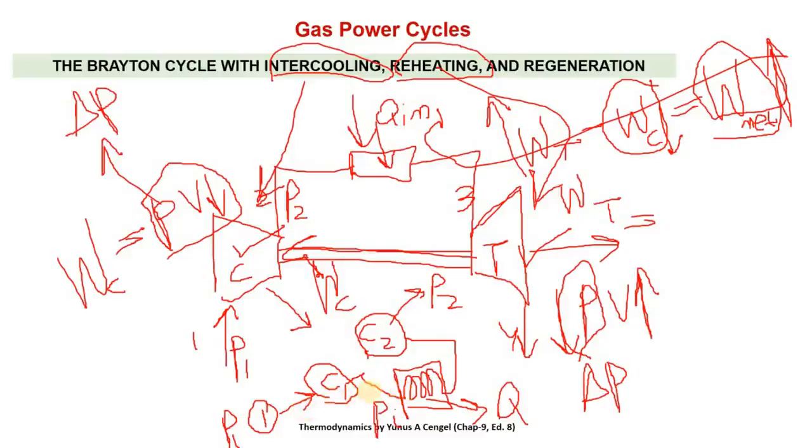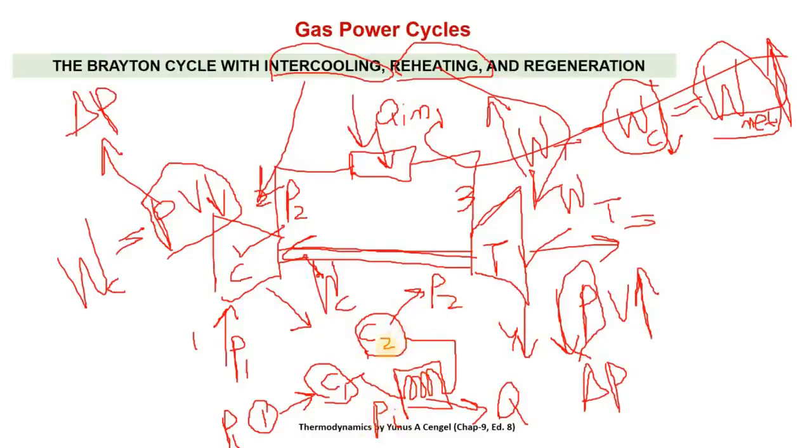So some volume is dropped here with the rise in pressure, but now further volume is dropped here by the drop in temperature, not pressure. Pressure is still Pi. So now volume is dropped further, and now it enters into the second compressor, where pressure is further increased from Pi to P2, but volume was dropped.